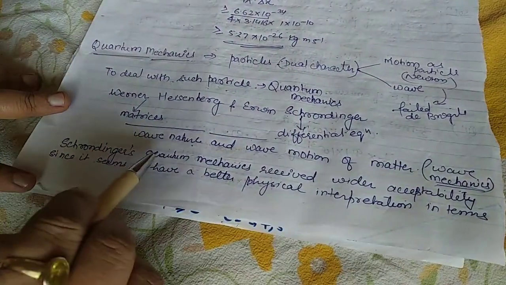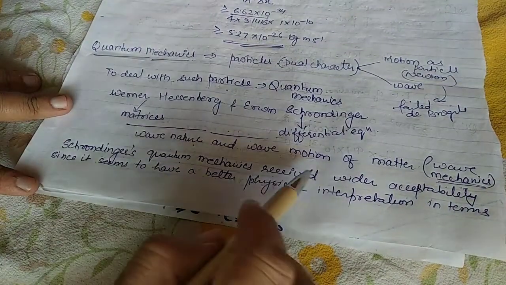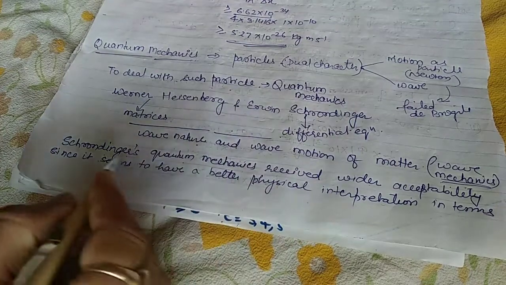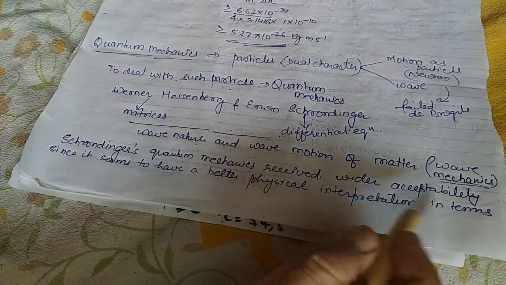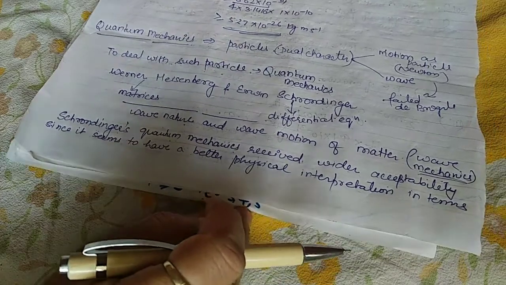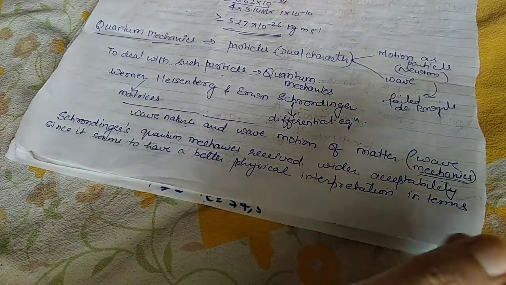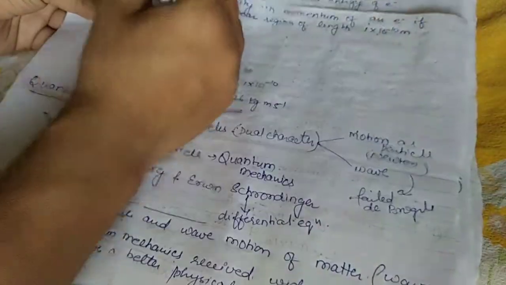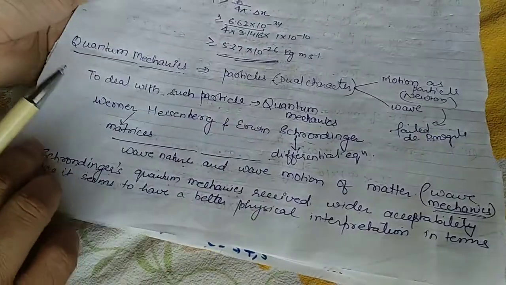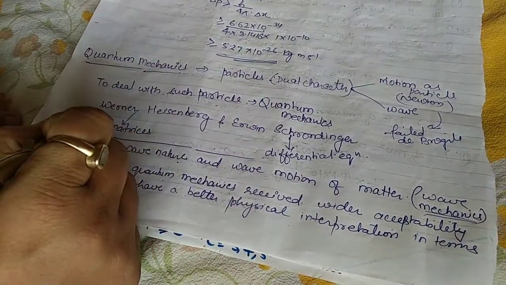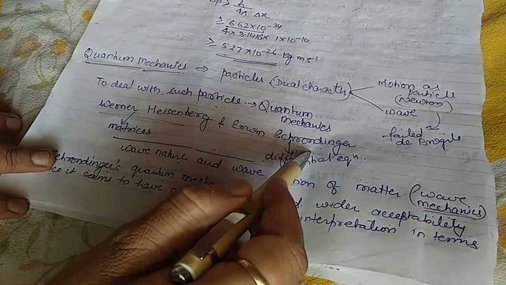So Schrödinger's quantum mechanics received wider acceptability. Why do we say it's the Schrödinger wave equation? Because Schrödinger's quantum mechanics received wider acceptability, since it seems to have a better physical interpretation in terms of particles. So quantum mechanics was given independently by Werner Heisenberg and Erwin Schrödinger.